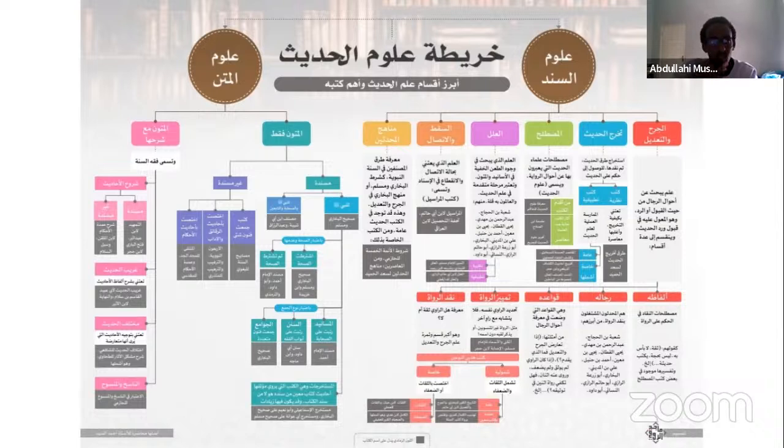What are the titles that Imam Bukhari gave his book? How did Imam al-Bukhari structure his book? How many chapters are there in his book? How many ahadith are there in his book? What are the conditions that he used in ascertaining the authenticity of a hadith? So it gives us a bird's eye view of these books.